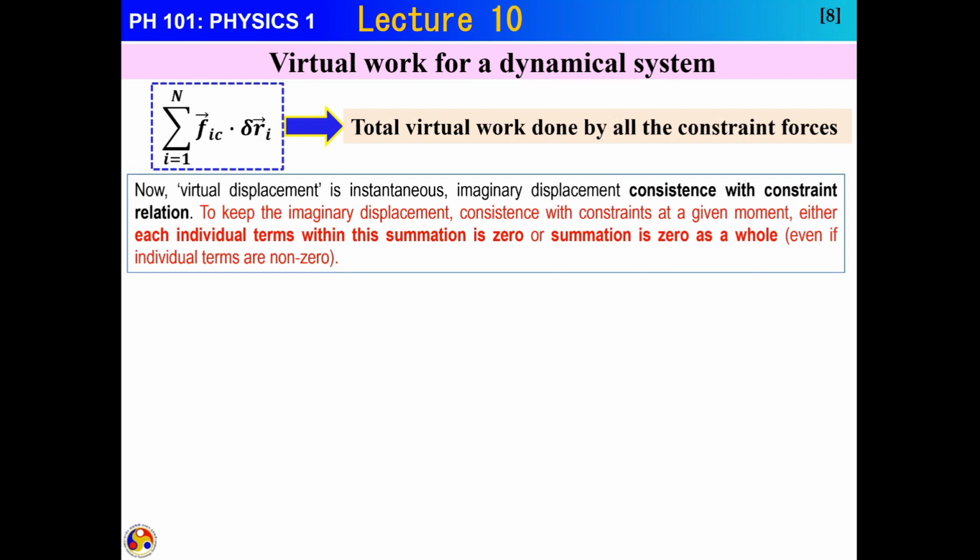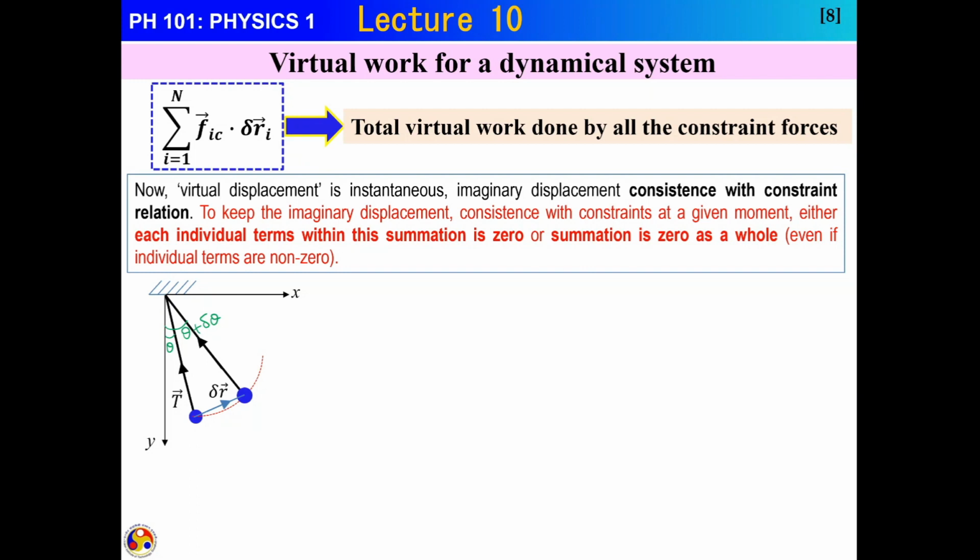Is that true? So let's take an example so that we can understand it. Let's take the same pendulum case. Now we know that the pendulum, if I move from theta to theta plus delta theta, then I'm going to a virtual displacement delta r. Now what is the constraint here? The constraint is that the length of the pendulum does not change, and the tension therefore always acts towards this point. So this is how the tension acts to keep the constraint relation.